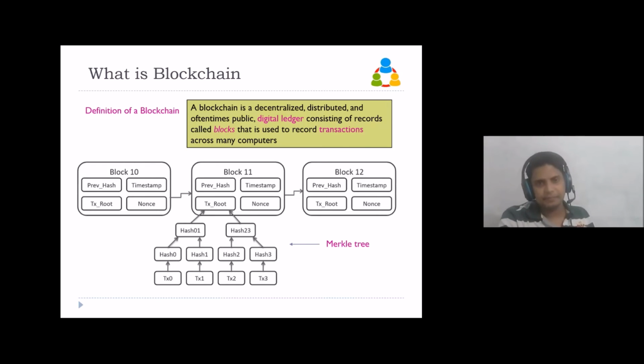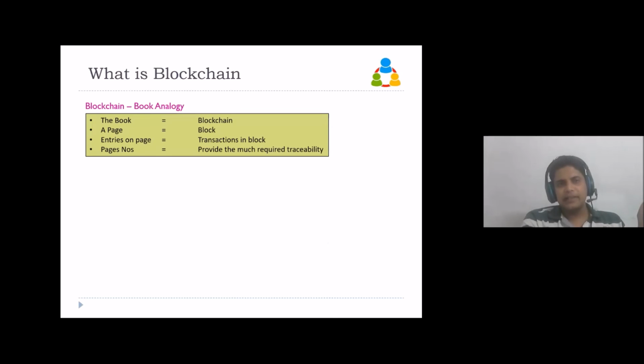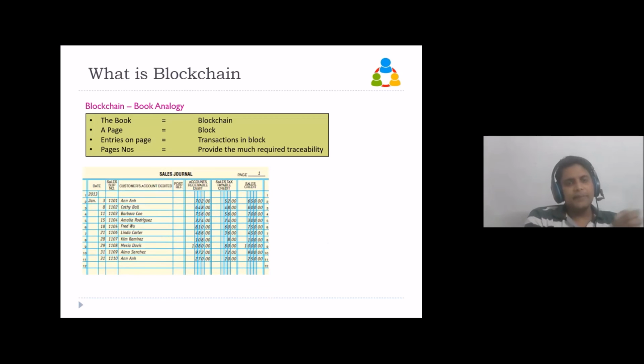The software does that. If we consider a book as a blockchain, each page in the book can be considered a block, the entries you write in each line of the page can be considered transactions, and page numbers can be called block numbers. This is mostly how a banking ledger looks, or how a person who keeps track of finance statements works. They have something called a ledger, where they keep track of how much was sent, how much was received, how much he gave to Anne or Kathy, how much was debited from his account, and how much was credited to his account.